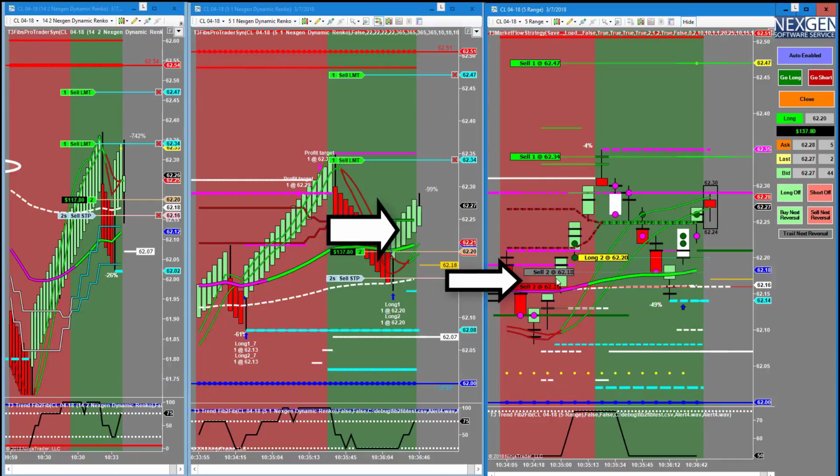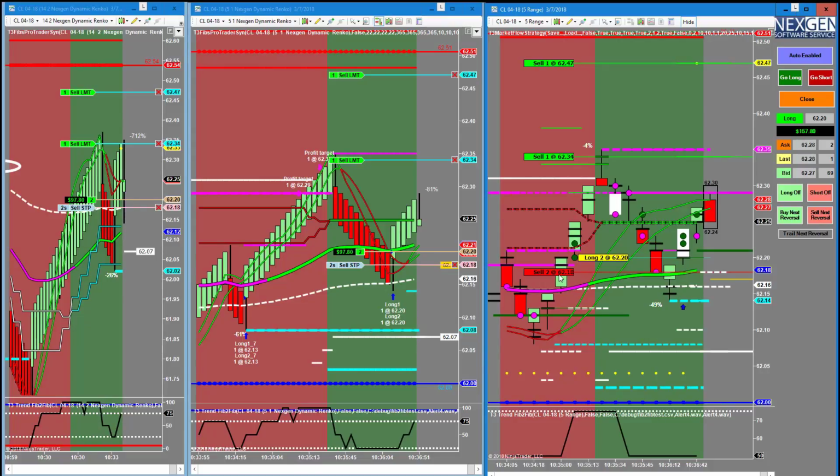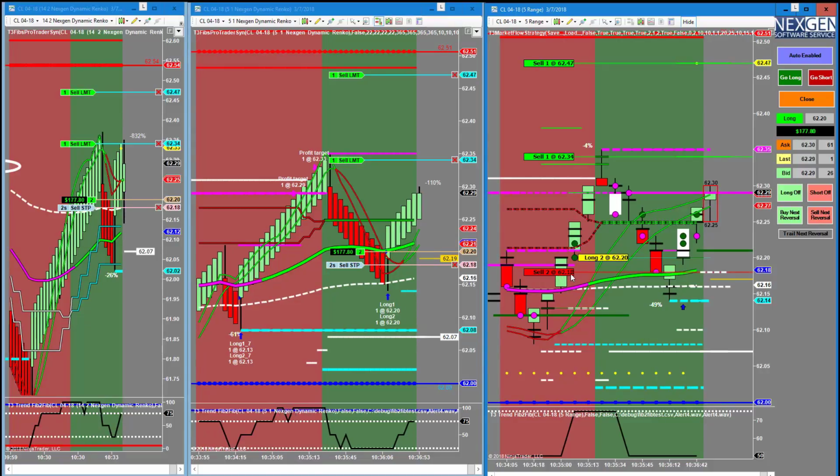As our reversal bar marker moves up and gets a little bit closer to the bottom of the white paint bar, we are again able to reduce our risk using that white paint bar and our reversal bar markers on our 5-1 chart. And again, as we push up into market flow resistance, that high volume resistance, don't really anticipate it to hold because the triggers are screaming to the upside.